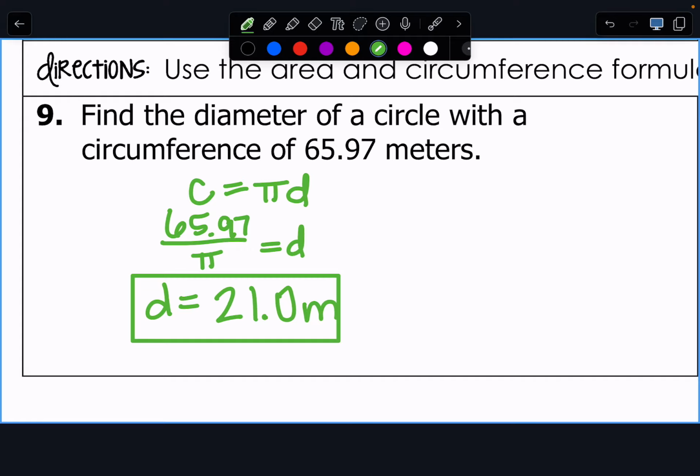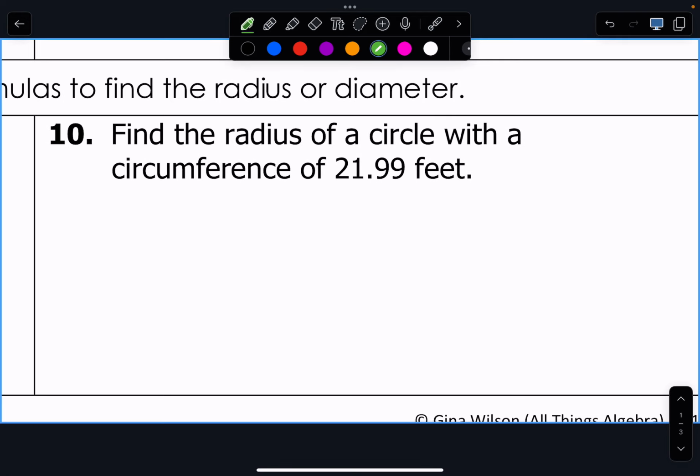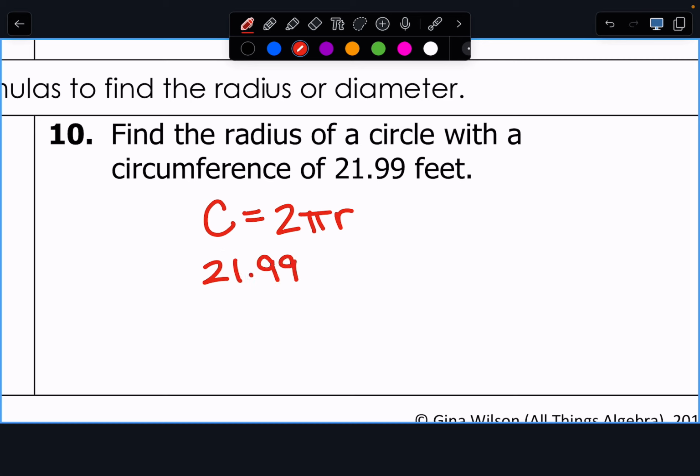Now, I want to talk about number 10, because I worry about people not thinking about order of operations when they do number 10. I want the radius, given we have the circumference. Well, we know that circumference is 2 pi r, correct? So I'm looking for 21.99 to equal 2 times pi times r.